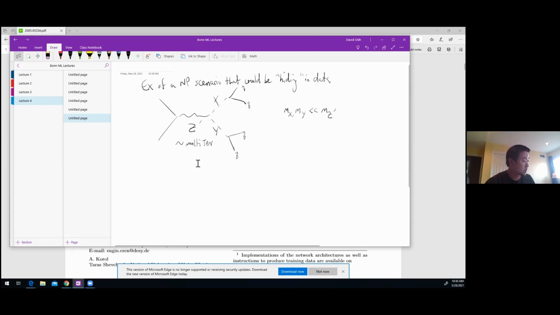I claim that this scenario could be hiding in the data right now with like 10 sigma significance, but we would have missed it. The reason is there is no explicit search for this at the LHC. There's no model specific search that's optimized to look for this.